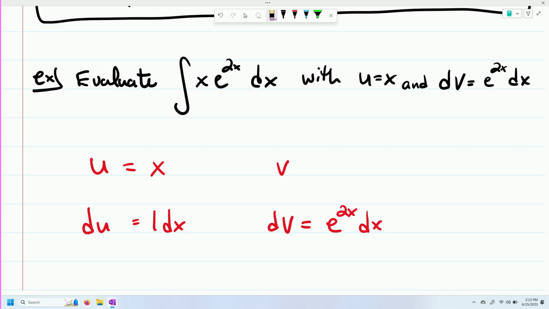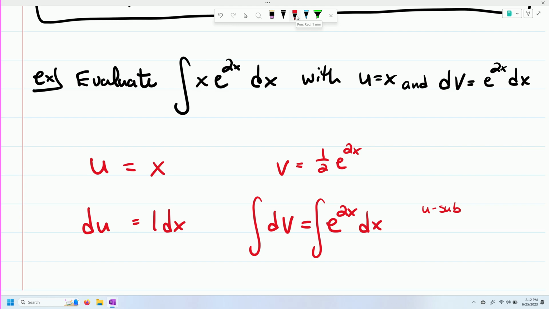How do we get back to v? If you integrate dv, you get v. Therefore, we integrate e to the 2x dx, which gives us 1/2 e to the 2x. And how did I get that? I used u substitution. If you need to, go back to my previous video where I go over how to integrate e to the u du.